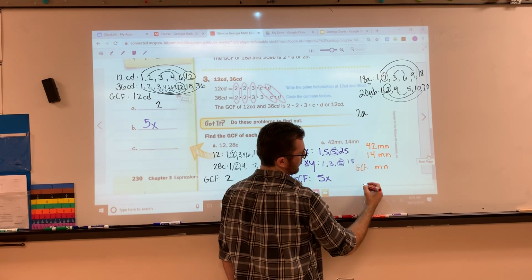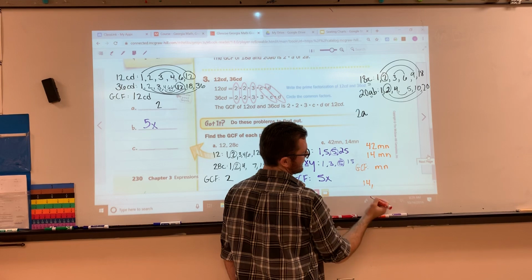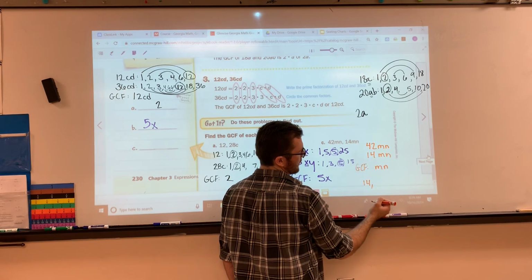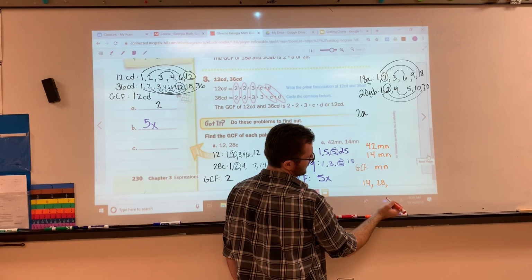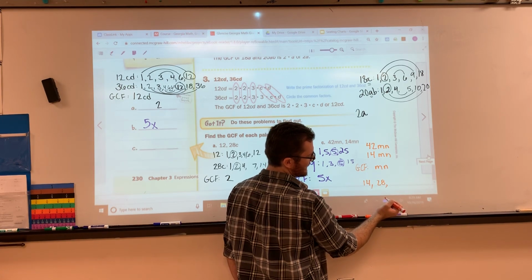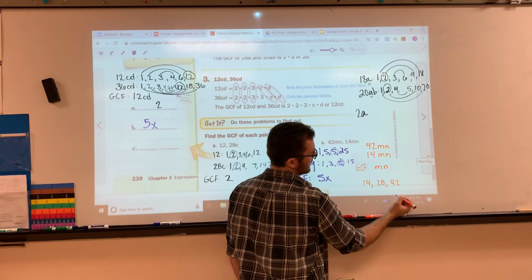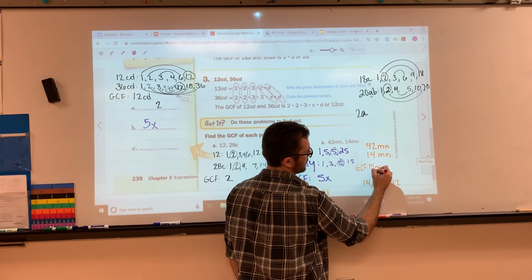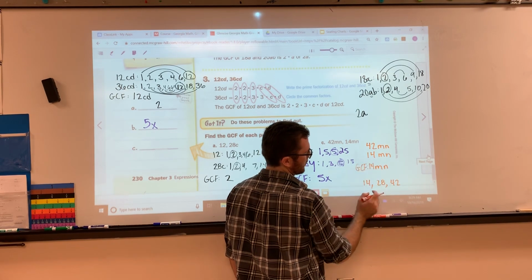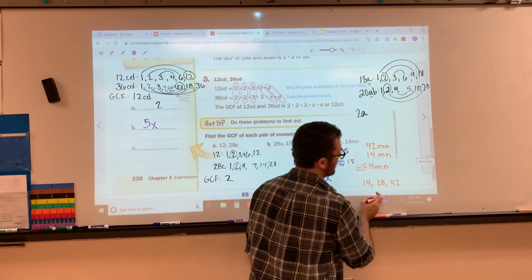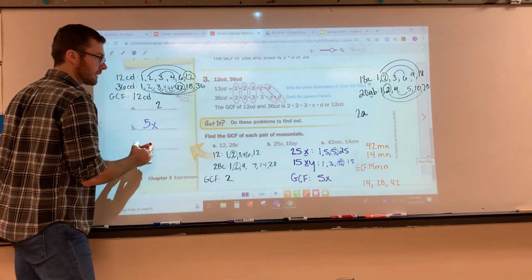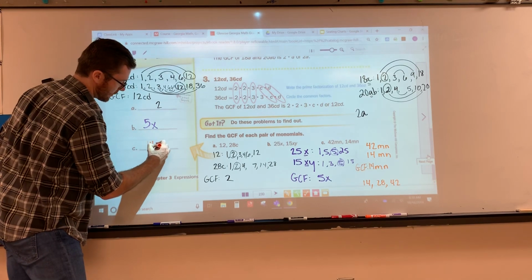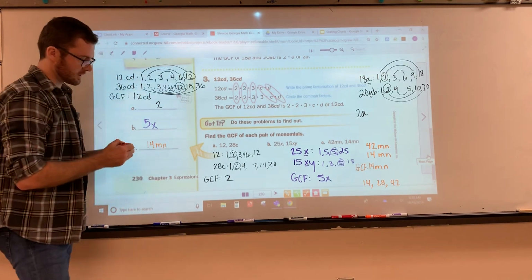I'm going to skip count by 14s to see if that ends up being a factor of 42. So I've got 14, 28, and then 28 plus 14 is 42. So I know that their greatest common factor is going to be 14mn because there's nothing greater than 14 for this. So 14mn is going to be my greatest common factor for letter C.